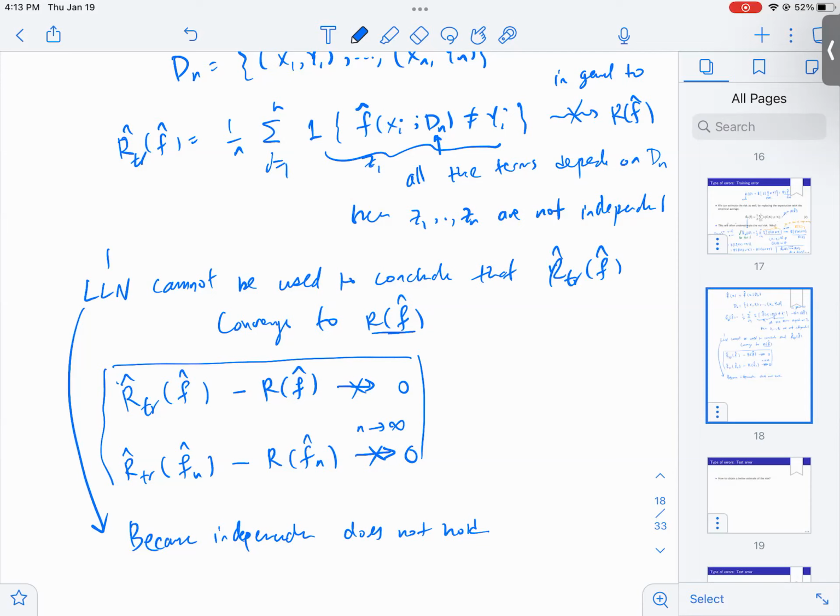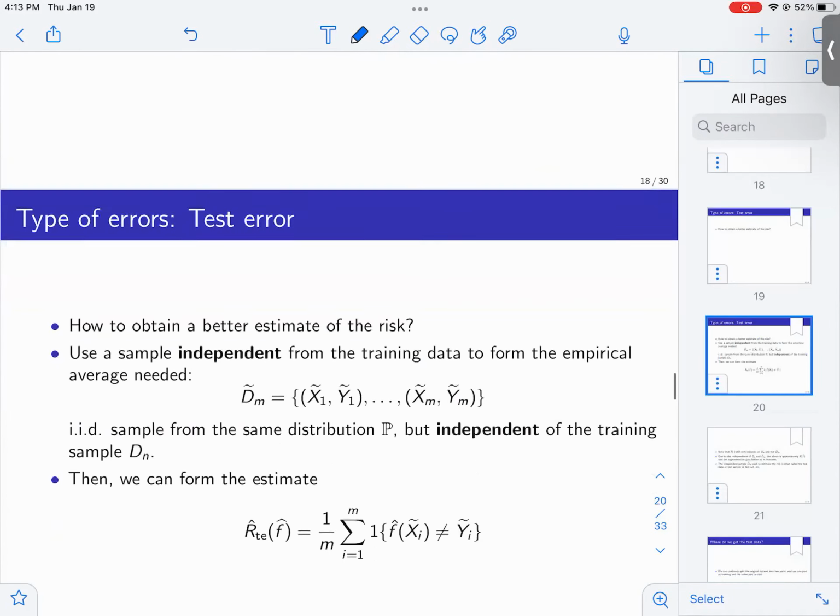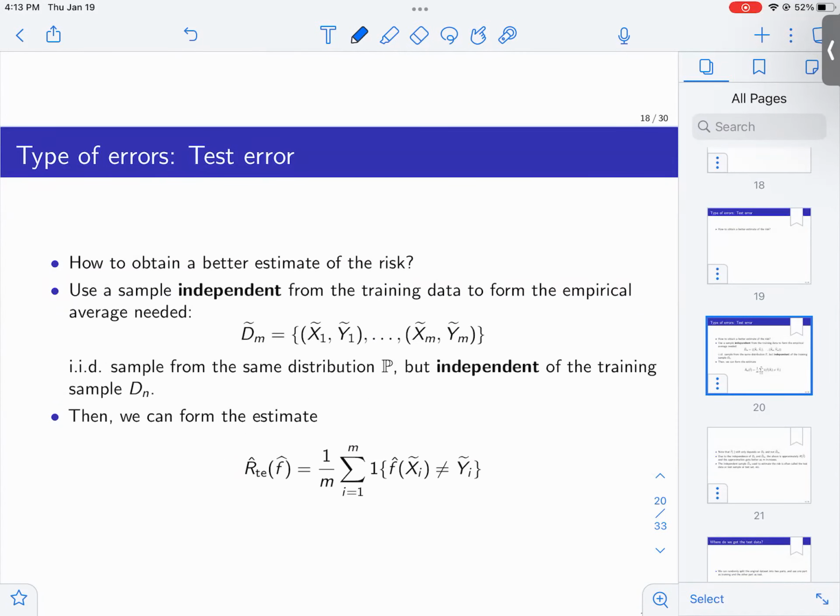That's why people split into training and test, because in the test set each row is independent of each other. So what you do is you split, or you come up with an independent sample from your data set. I'm going to call it tilde m. The sample size could be m, it doesn't have to be the same as the training size. All that matters is that these are independent from your training data.